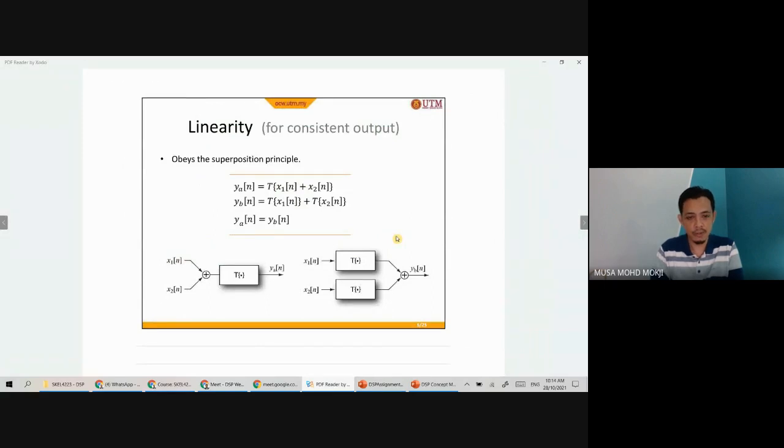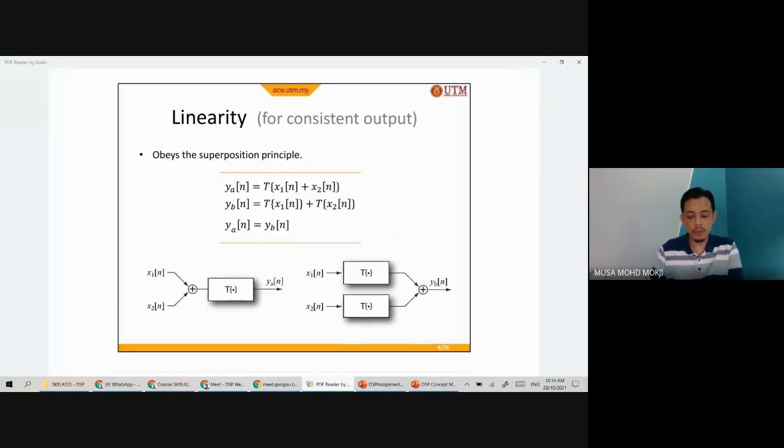Okay, so we have seen linearity. Linearity needs to obey the superposition principle. I already gave one analogy when you buy something at some shops. If you buy one item at 2 ringgit, if you buy 2 items, it's supposed to be 4 ringgit.